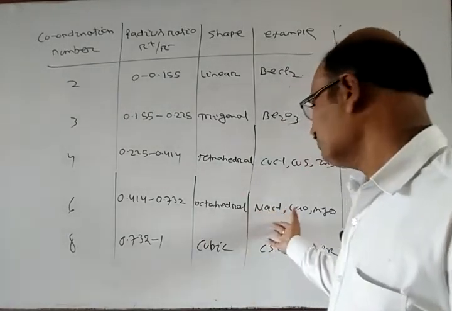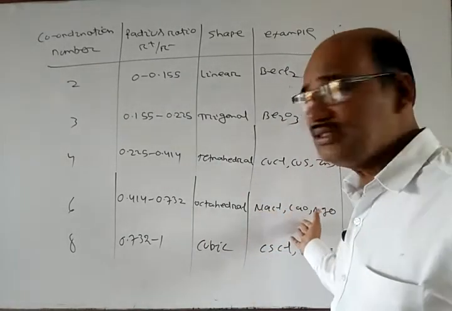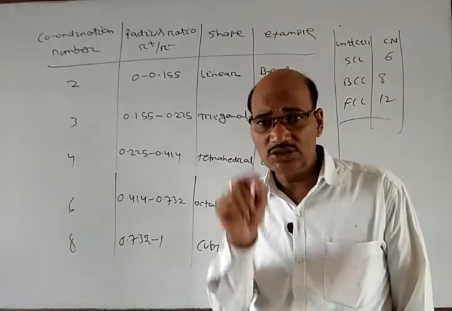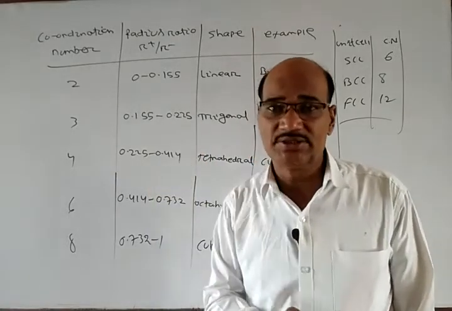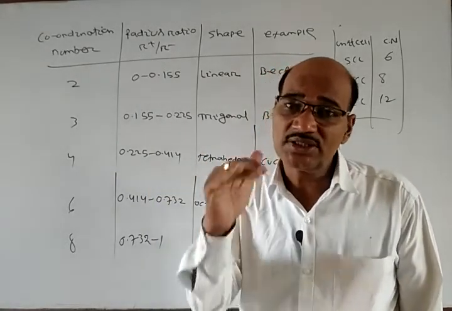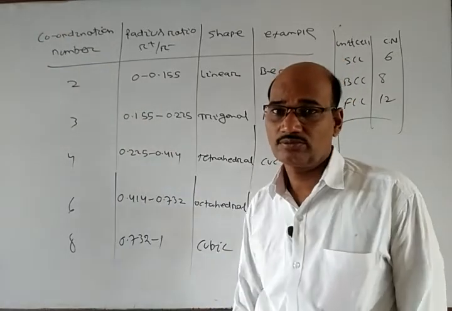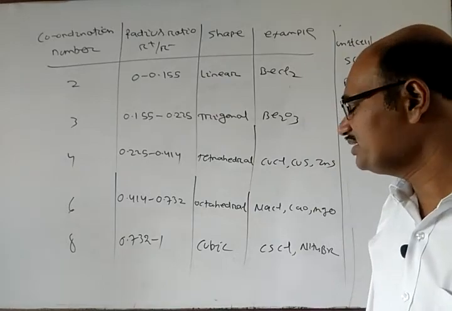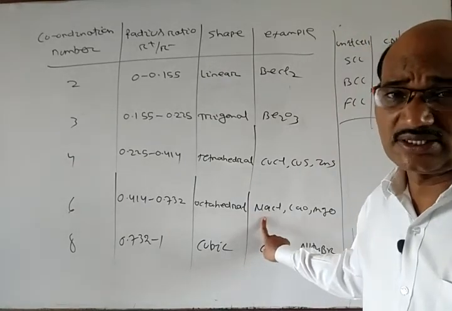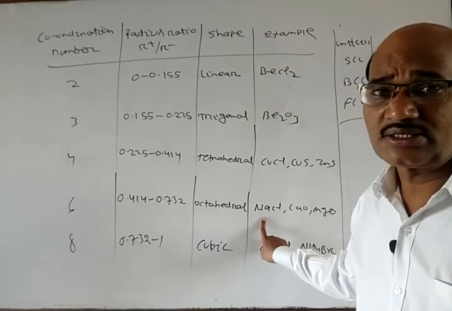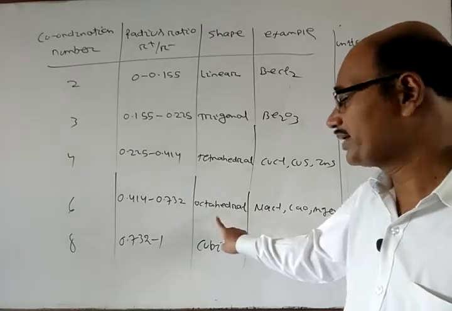We have NaCl, CaO. That means in NaCl, each Na plus ion is surrounded by 6 Cl minus ions, and each Cl minus ion is surrounded by 6 Na plus ions. So the coordination number of NaCl is 6. So octahedron is the same.